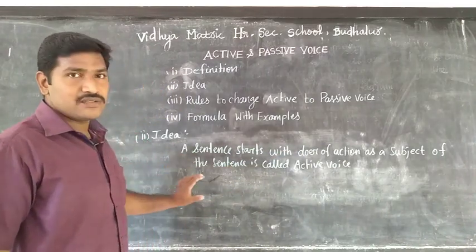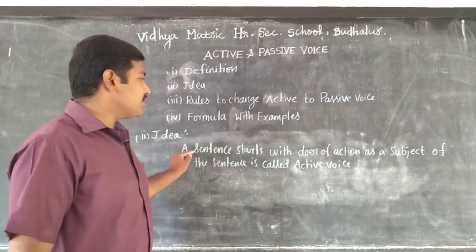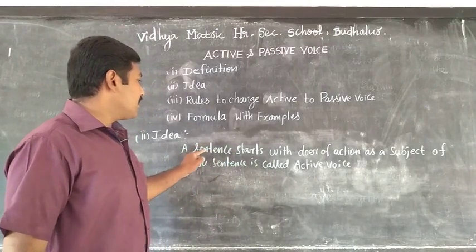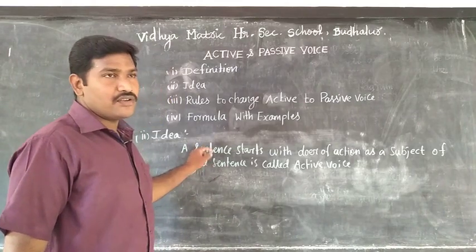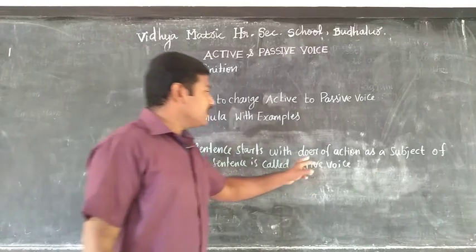A sentence has one action. The subject of the sentence is the doer of action. Doer of action means one who does something in the sentence.